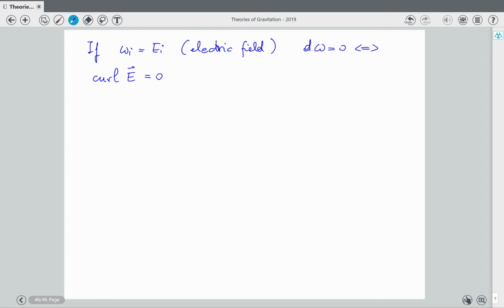So that means this condition, precisely.